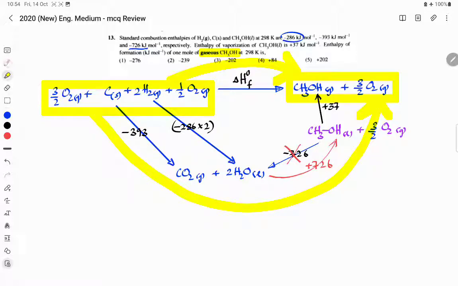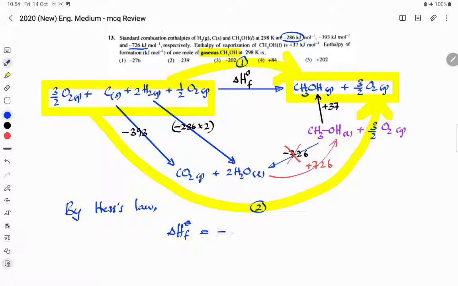So according to the Hess law, whatever the pathway that it takes, the enthalpy change doesn't change. The enthalpy change is always the same. Therefore, delta H naught F equals the sum of all the enthalpies in this second pathway. This is our second pathway, this is our first pathway.